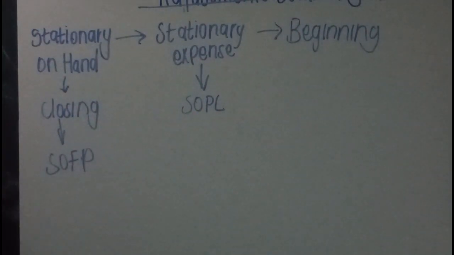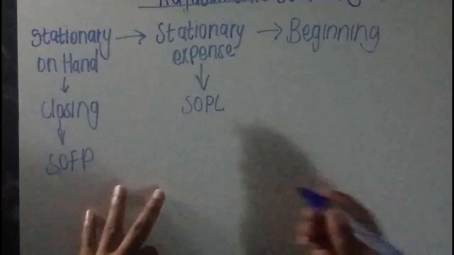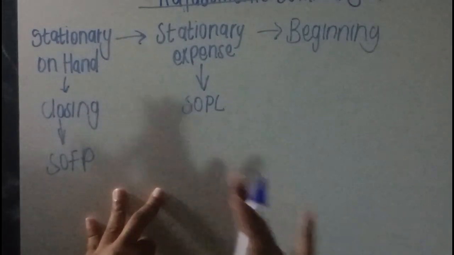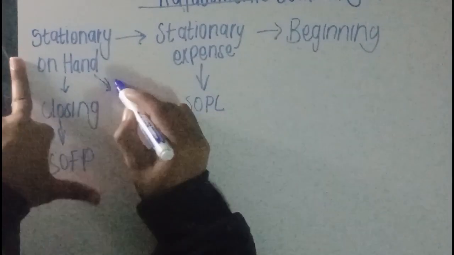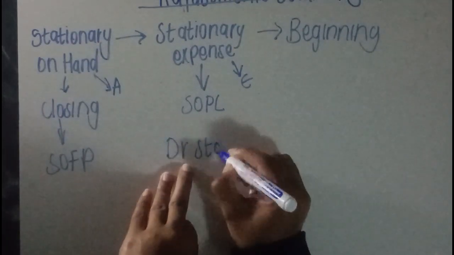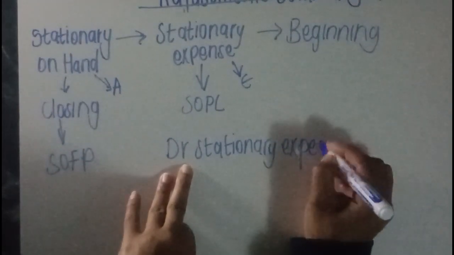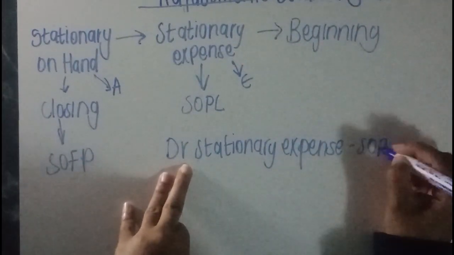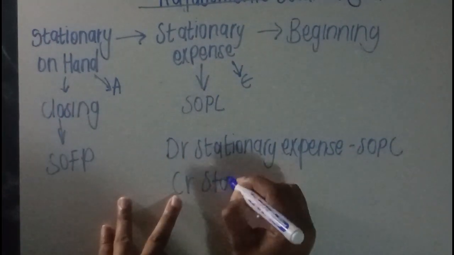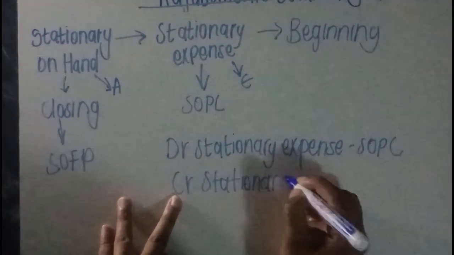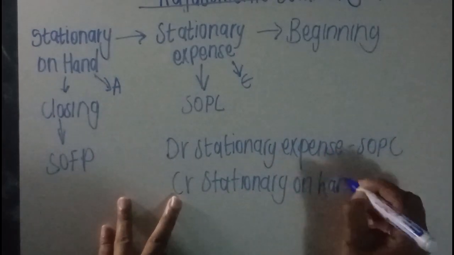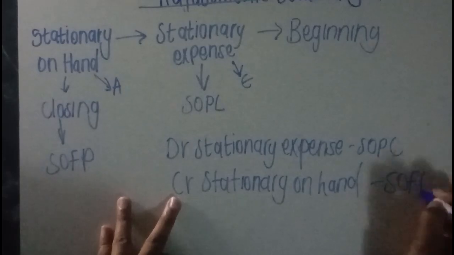So if they tell you that we have stationery on hand and we used this specific stationery of the year, what you're going to do is, because expenses increase on the debit side and stationery on hand has to be an asset and this is an expense, you're going to debit your stationery expense, statement of profit and loss, and you're going to credit your stationery on hand, statement of financial position.